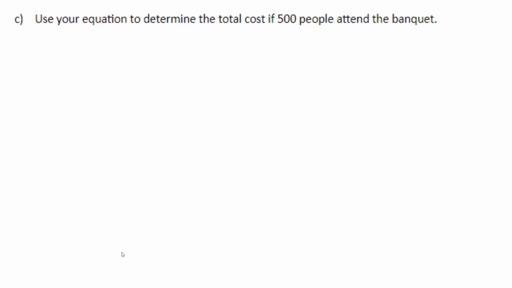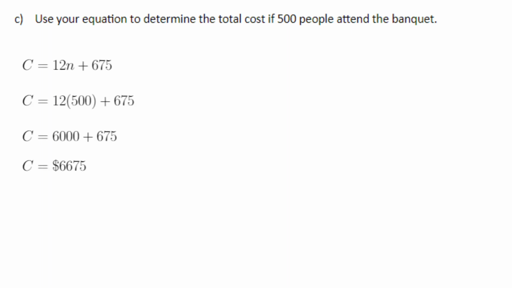Now we want to use our equation to determine the total cost if 500 people attended the banquet. 500 people is a lot, and that's going to be a lot of mouths to feed. So since we saw that it was an additional $12 for every person that showed up, we can just insert 500 into our equation to figure out the total cost.